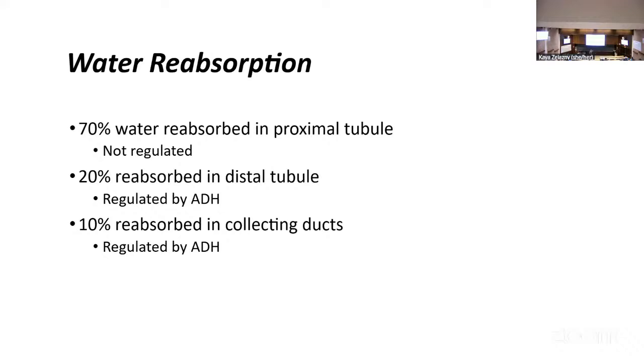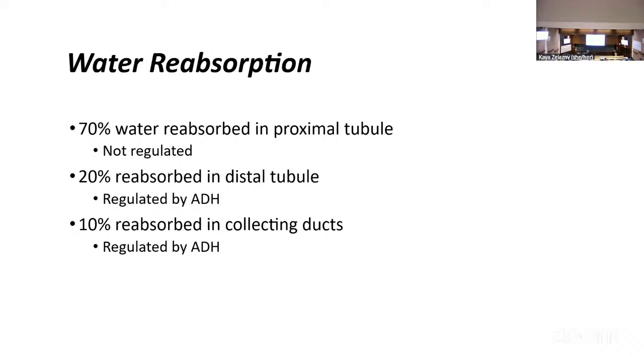So we're going to have regulated reabsorption in the distal tubule and collecting duct. We're going to be traveling through an essentially saltier and saltier kidney as we descend towards the renal pelvis, so we can concentrate urine more and more and pull more and more water back into the bloodstream so you don't lose it as urine.